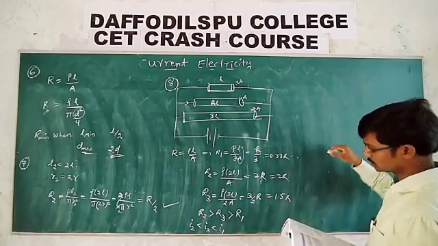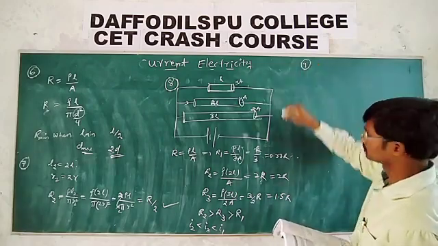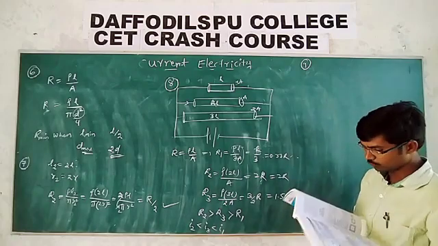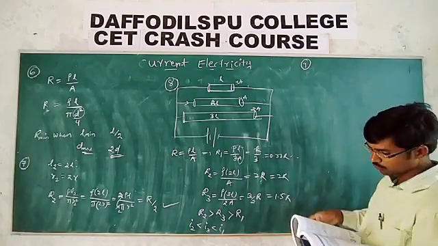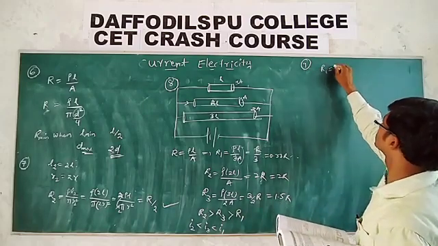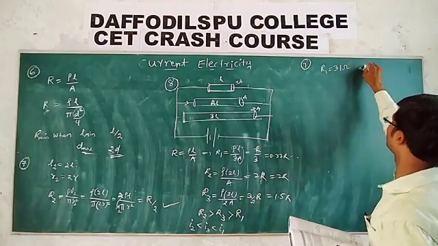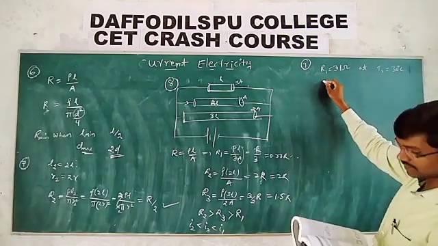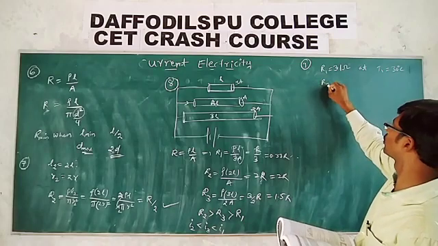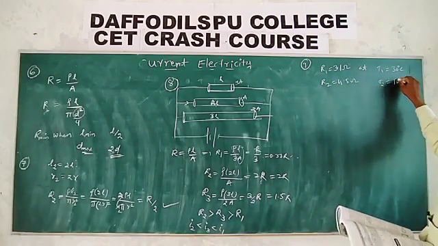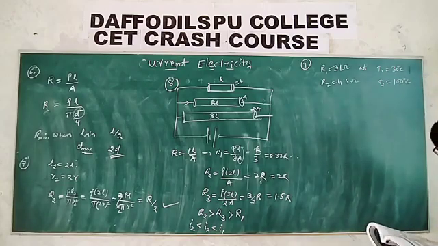Let us discuss ninth one. A wire has a resistance of 3.1 ohm at 30 degrees Celsius: R1 is equal to 3.1 ohm at T1 equal to 30 degrees Celsius. Similarly, R2 is equal to 4.5 ohm at T2 equal to 100 degrees Celsius.